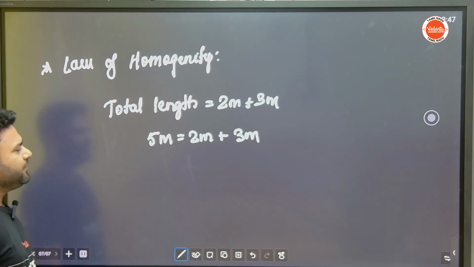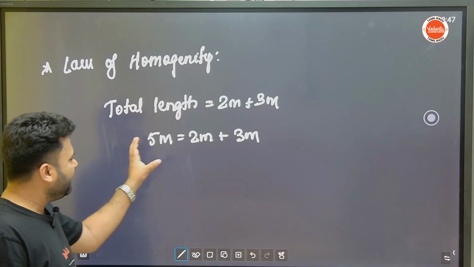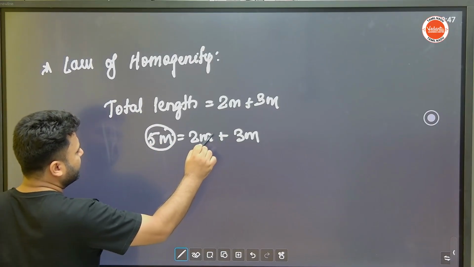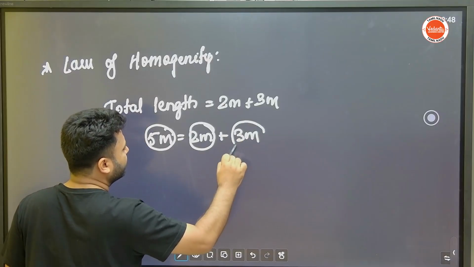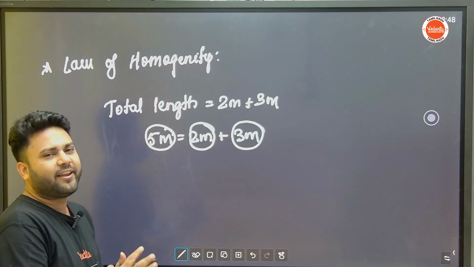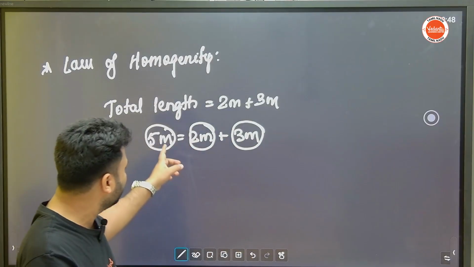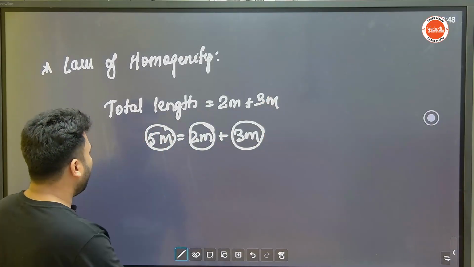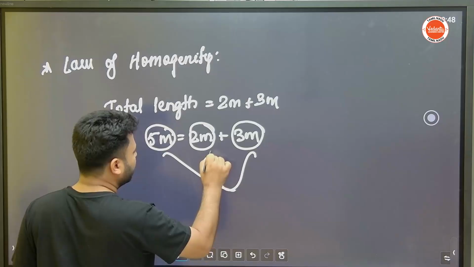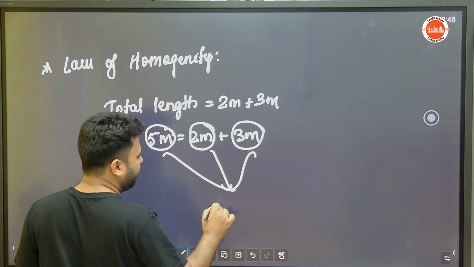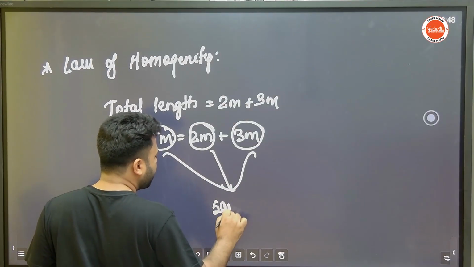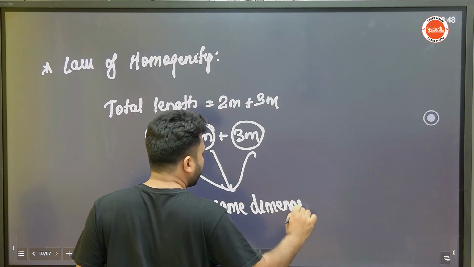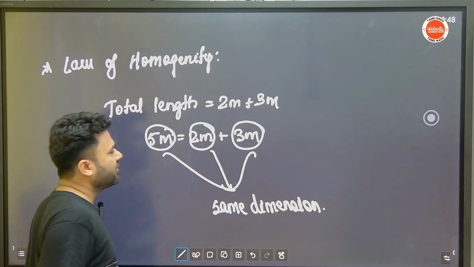So what we can see, then while we are writing this term and this term all are having the same dimension. See, dimension of length, dimension of length, dimension of length. So all these three terms are having same dimension. Correct?